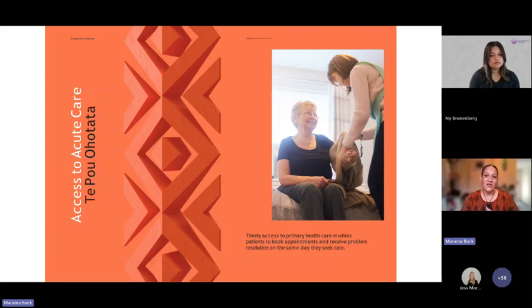So ensuring that you have features like digital bookings available through your app or digital front door, ensuring that there is a clinical triage process, and also providing tools that whānau can use to help at home.